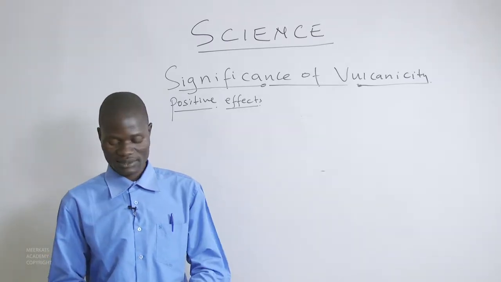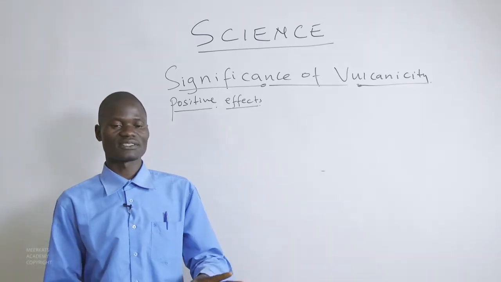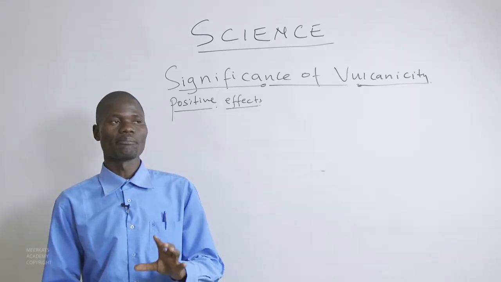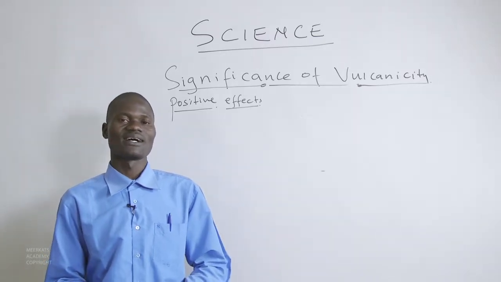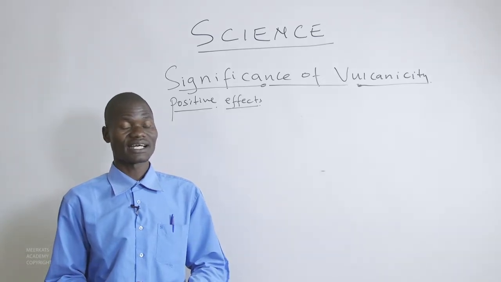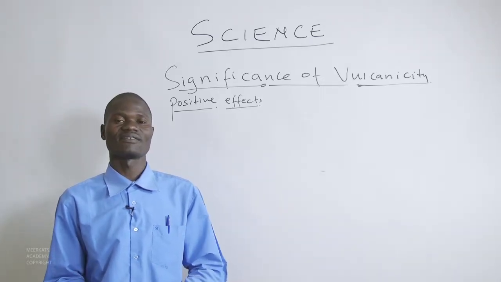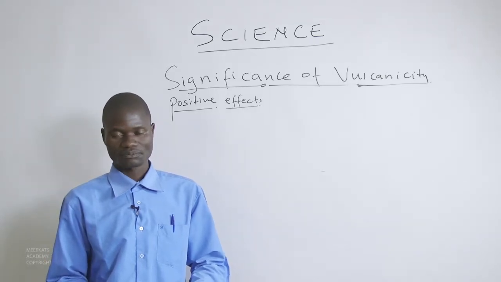When you look at the features that result from volcanicity, both extrusive and intrusive features, they also have some positive effects, and there is also a negative effect about volcanicity.